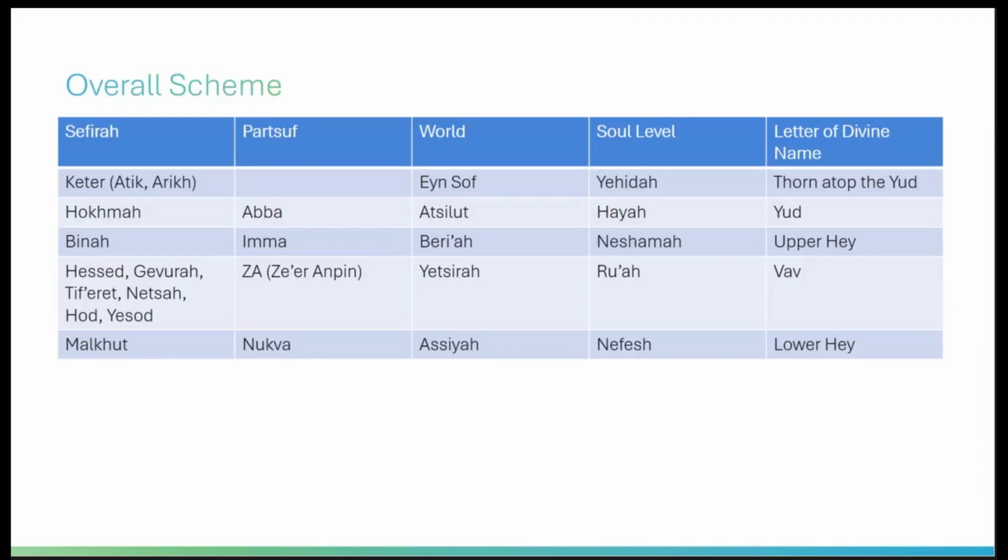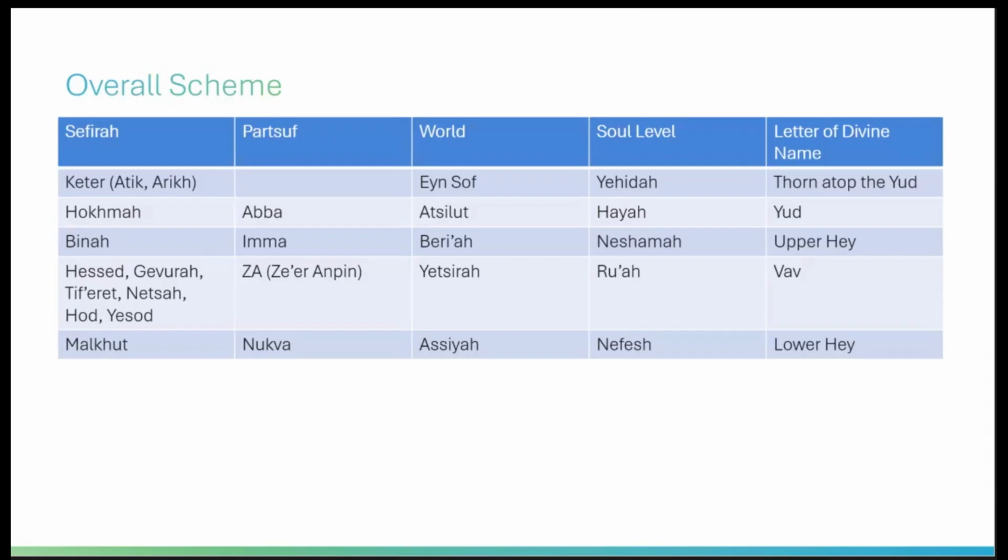And then, of course, the letters of God's name. In God's name, the letter Yud has a little thorn on the top. All the letters in the Torah begin with a little piece on top, a little curve on the top. It's called the thorn that points up to that which is ineffable. It's not a word, it's not a letter, it's just pointing.